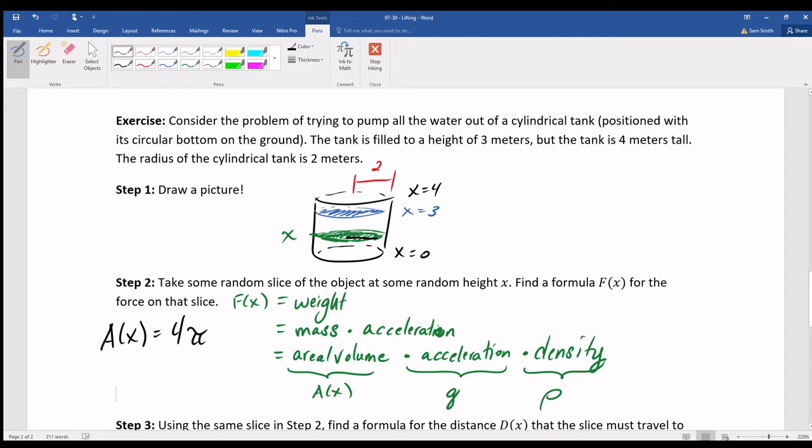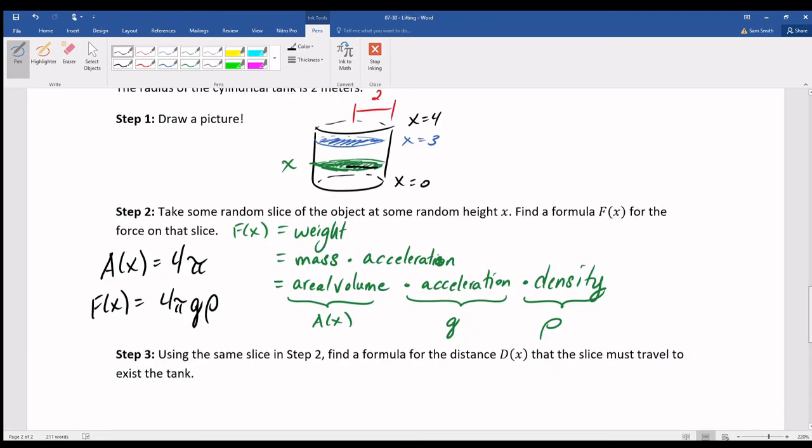Therefore, the force that would be required to lift this two-dimensional slice located here at position x would be the area of the slice times the acceleration due to gravity times the density of water, 4 pi g rho for short. That concludes step 2.